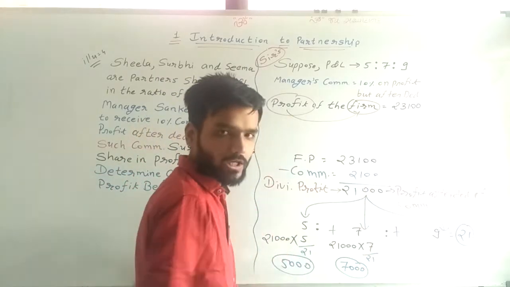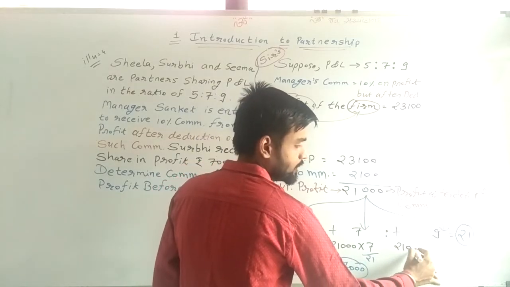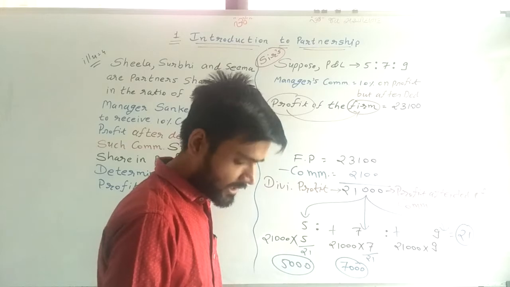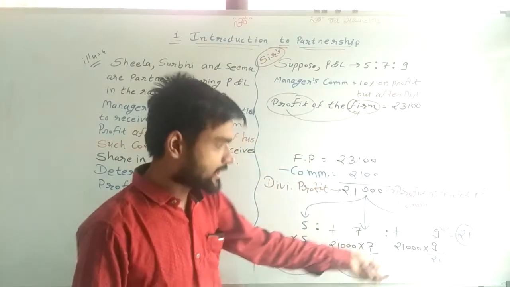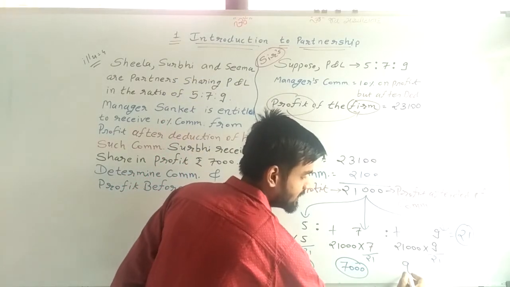And for the last one, again 21,000 we need to distribute. 21,000 into 9, and the total of these 3, 21. So 21,000 into 9 upon 21, the answer is 9,000 rupees.